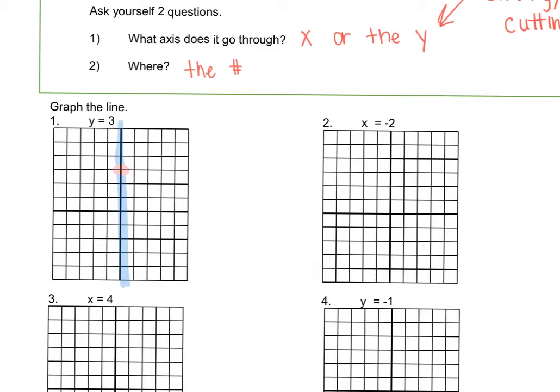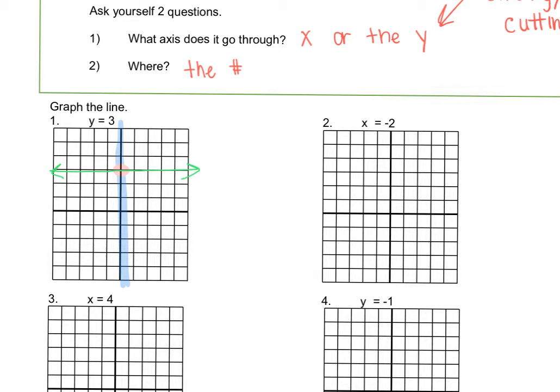Now, notice I said what axis does it go through? What axis does it slice? What axis does it cut? So even though I highlighted the up and down axis, it actually is the line that cuts it through that point. It's the line that cuts that axis at that point. So your answer is the green line with the arrows at the end of it, the horizontal line going through the y-axis at that point.